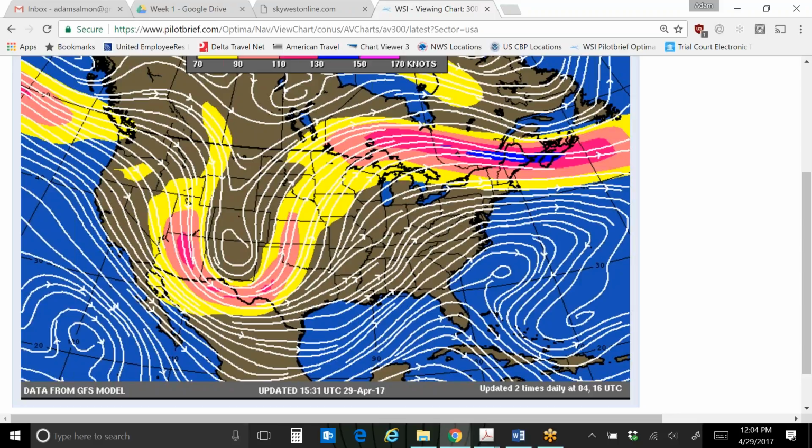It's blowing from north to south, and then as you go down over Arizona, dip into Mexico, you'll see the shift where the jet stream turns, curves back up, and now if you're flying over the Midwest, the jet stream is blowing south to north. So just to give you an idea.